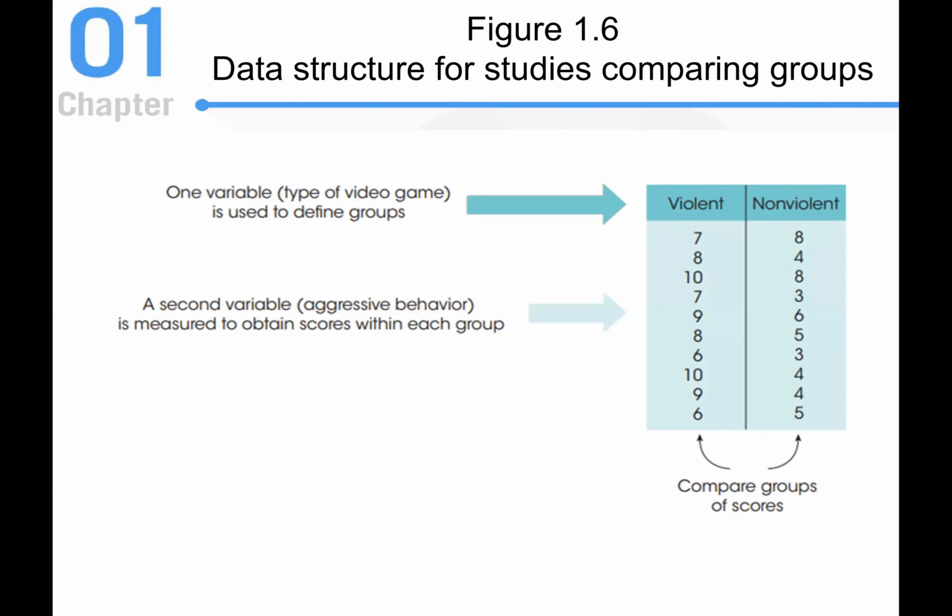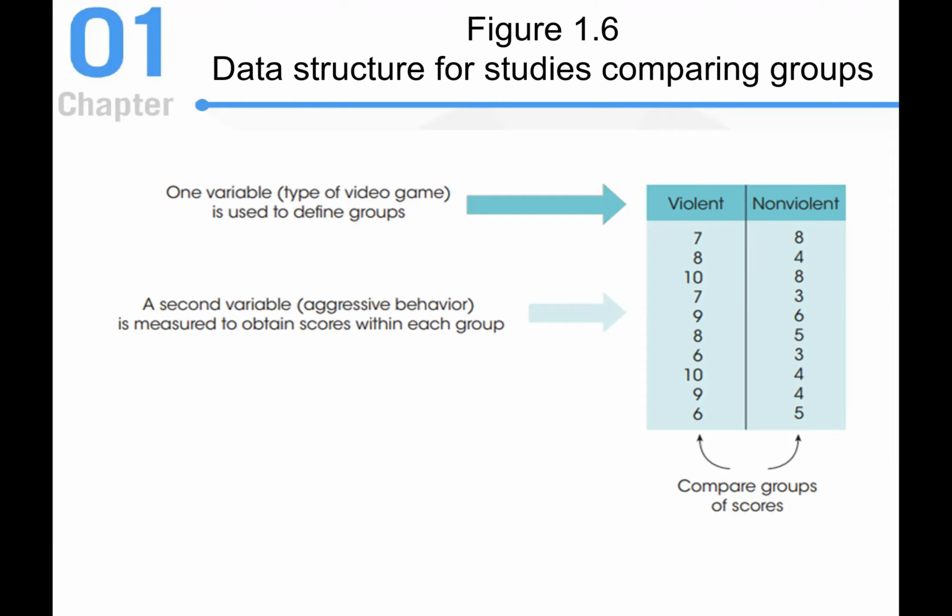Let's see an example. In this one, the variable is the type of video game. We set up a study where we have two groups. One group of children is going to get a violent video game. Another group of children is going to get a non-violent video game.